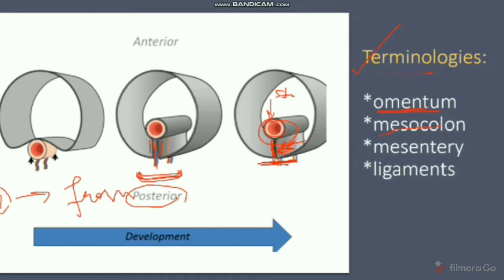If the same thing, this ligament, is supporting the large intestine or the colon from the posterior abdominal wall, you will be calling it a mesocolon. Alright? And if this gut tube here was a small intestine, then the ligament will be called a mesentery. And if this is anything besides your stomach or small or large intestine, then any other organ like liver, spleen, etc., you will be calling it a ligament. Alright? So, fine. So let's move ahead.